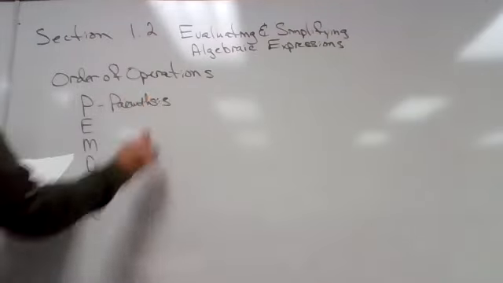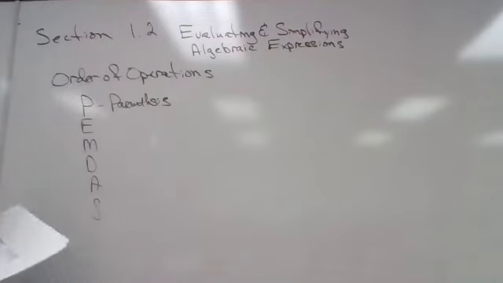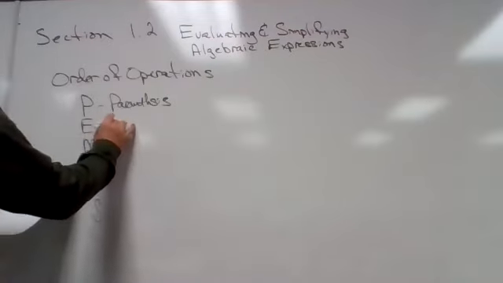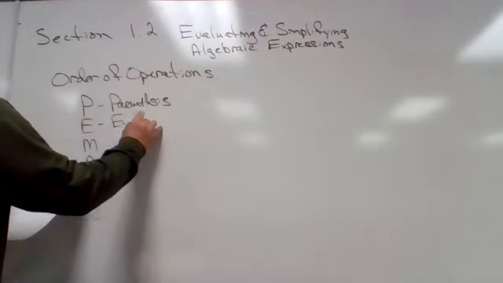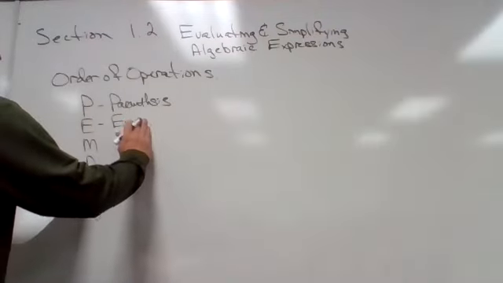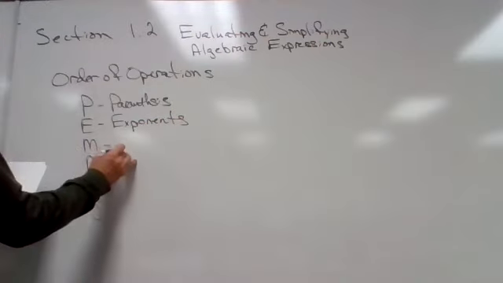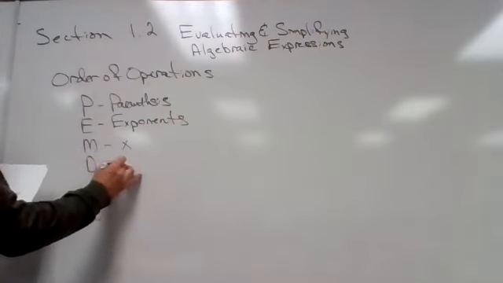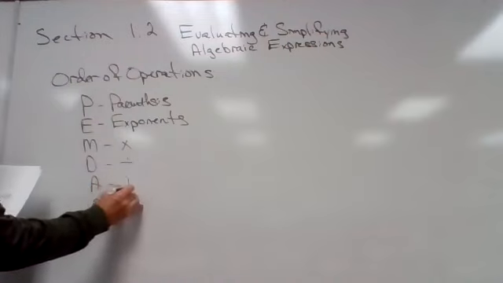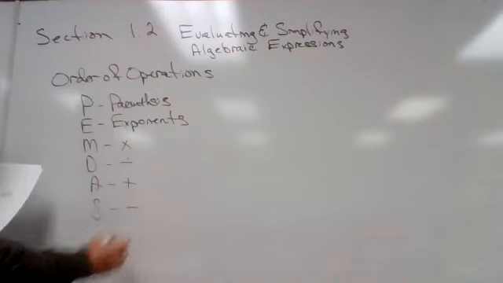I'll apologize for my spelling. You'll see that I'm not a very good speller here. Exponents. M stands for multiplying, D stands for divide, right? A is for adding, and S is for subtracting.